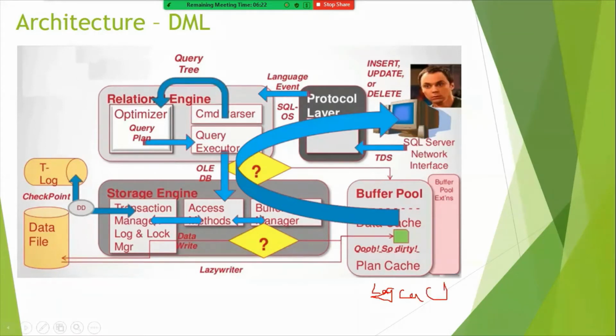That log cache will be written to the transaction log file as soon as the transaction is committed, or if the log cache size is reached. For example, say it is a huge transaction that keeps writing, and the log cache size is around 4 KB.